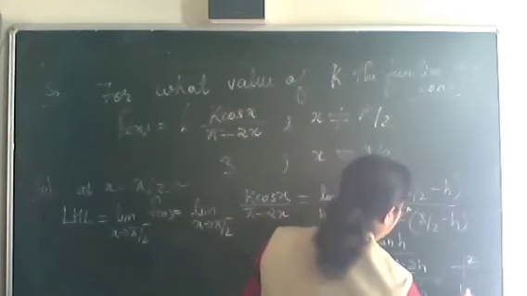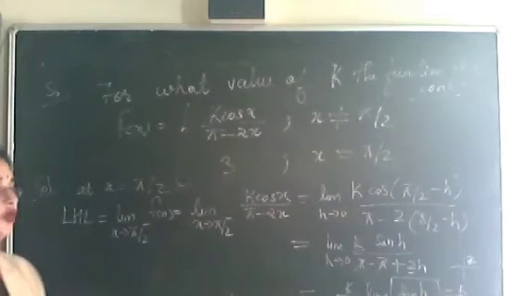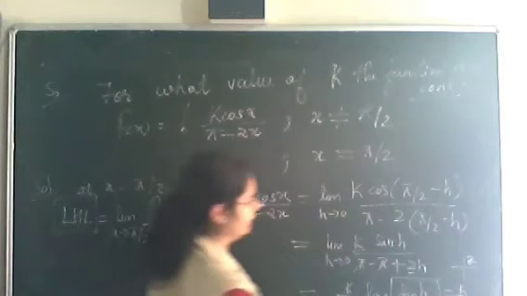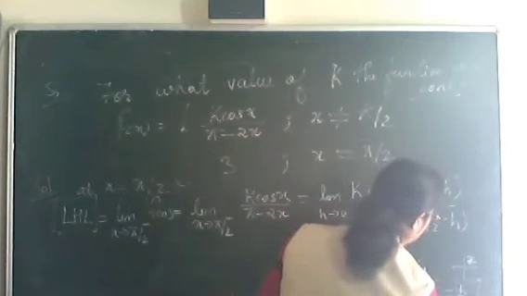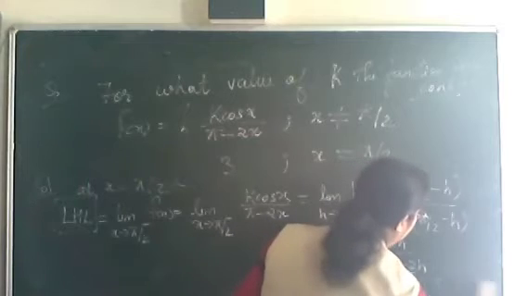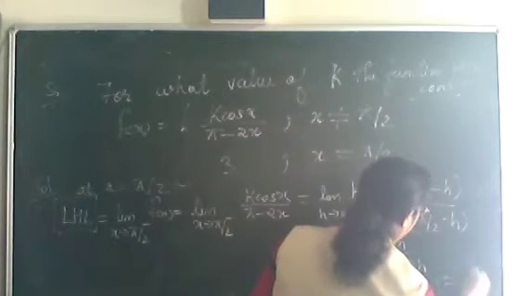So our answer will be k by 2 multiplied by 1, which is equal to k by 2. So our LHL is equal to k by 2.